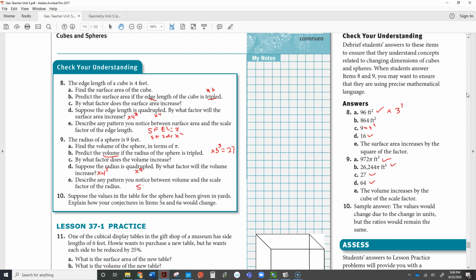If the scale factor of the edge length is x, then the scale factor for the volume is going to be x cubed. And that's what they're saying right there. The volume increases by the cube of the scale factor.